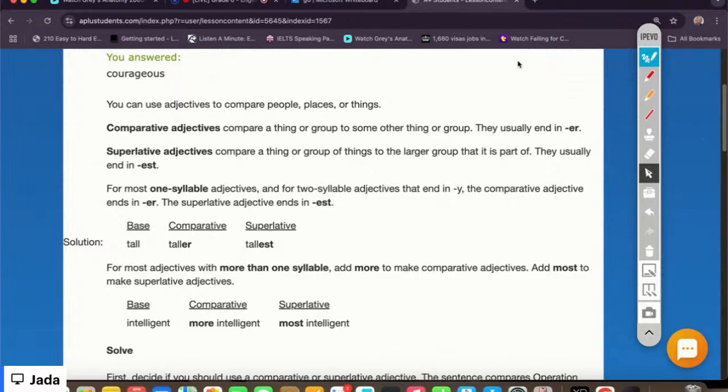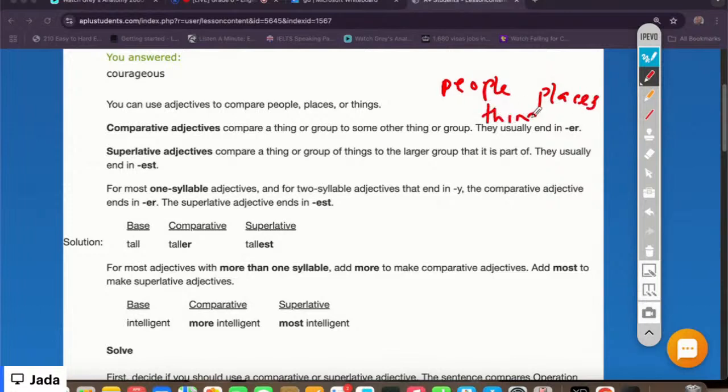Alright, so we will start now. You can use adjectives to compare people, places, or things.